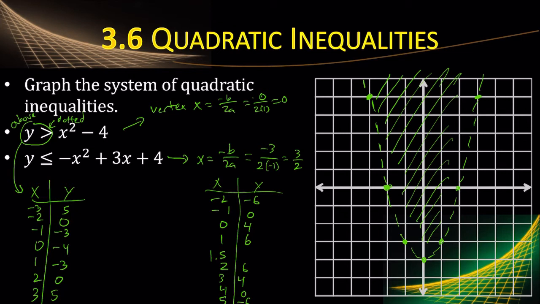Graph those: negative 2, negative 6; negative 1, 0; 0, 4; 1, 6; 2, 6; 3, 4; 4, 0; 5, negative 6.